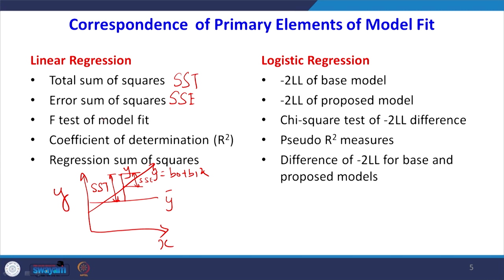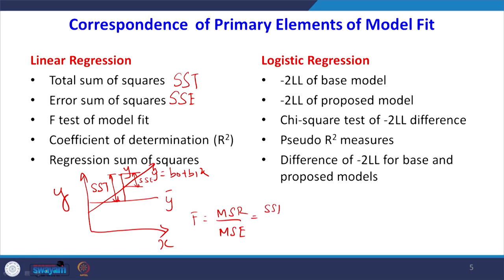In the linear regression model, to test the overall model fit, we have used the F test. What was the F test in the linear regression model? F is MSR divided by MSE. What is MSR?